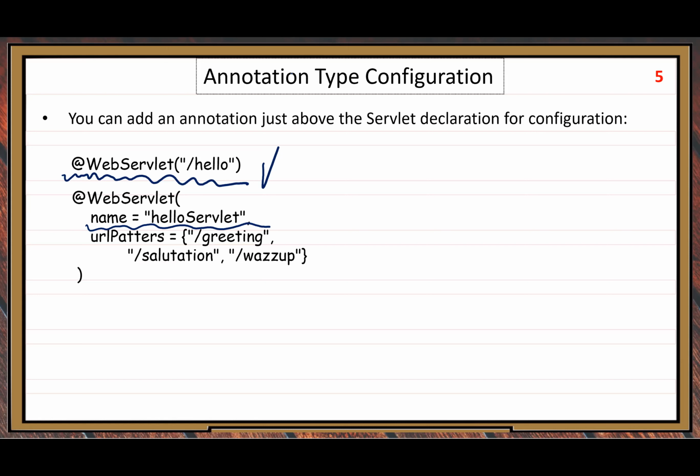I hope later, when we learn more knowledge about Servlet and JSP, at some point I'd like to compare these two different ways. All right, so we finish this topic.